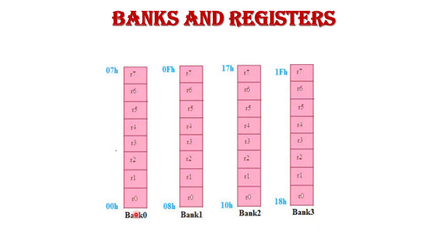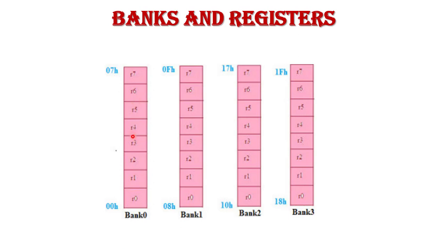Each bank contains 8-bit registers, starting from R0 to R7. The bank 0 address is from 00H to 07H. Bank 1 address is 08H to 0FH. These addresses are given in hexadecimal. Bank 2 addresses start from 10H to 17H, and bank 3 address from 18H to 1FH. Each bank has 8-bit registers.